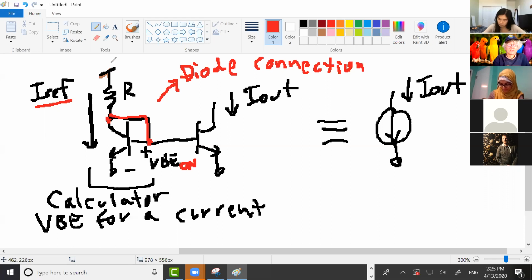And now you know that the voltage across the resistor is VDD minus VBE on. And if you have a target current, now you have the voltage across the resistor, you have your current, and you can find your resistor.